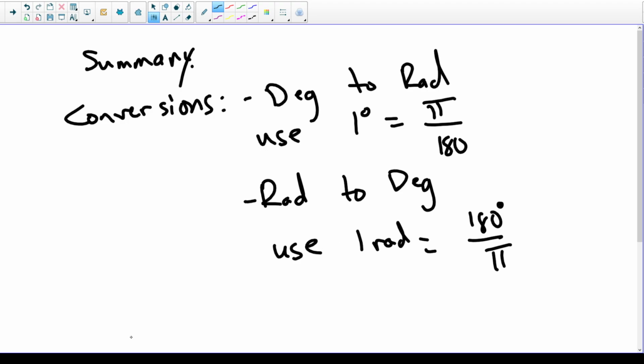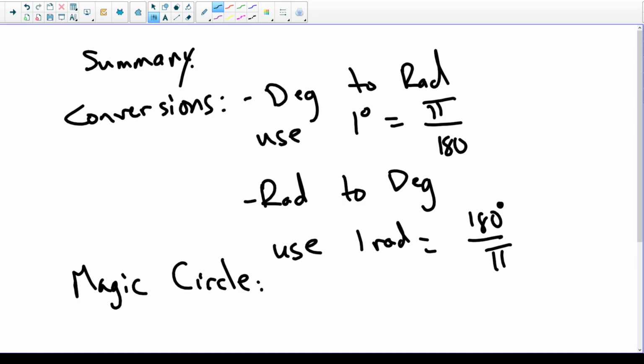Our magic circle, extremely important. Try to, if you can, start memorizing adding by pi over 6: pi over 6, 2 pi over 6, 3 pi over 6, 4 pi over 6, 5 pi over 6, 6 pi over 6, and reducing as you go. And then adding by 45 degrees, which is pi over 4. So pi over 4, 2 pi over 4, 3 pi over 4, 4 pi over 4.